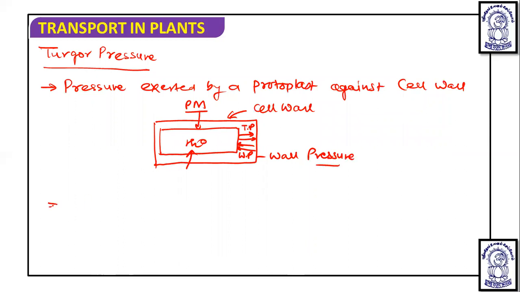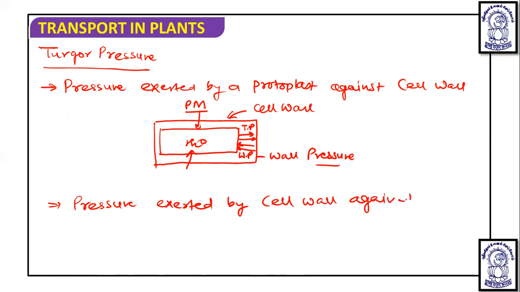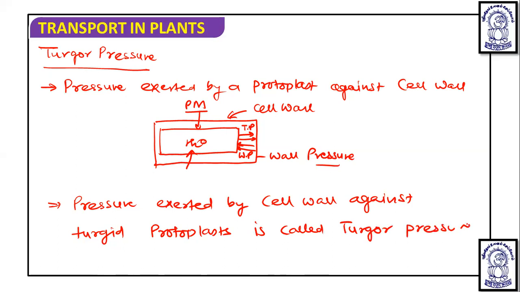So the pressure exerted by the cell wall against the turgid protoplast is called wall pressure.